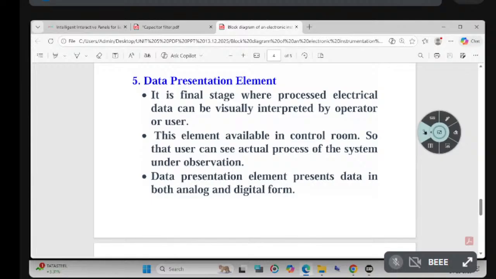Next: block diagram of power supply. Next one: block diagram of PAS, the public addressing system. Fifth one: filters. Sixth one: electronic instrumentation, how we are measuring and how the data is transferring from input to output.